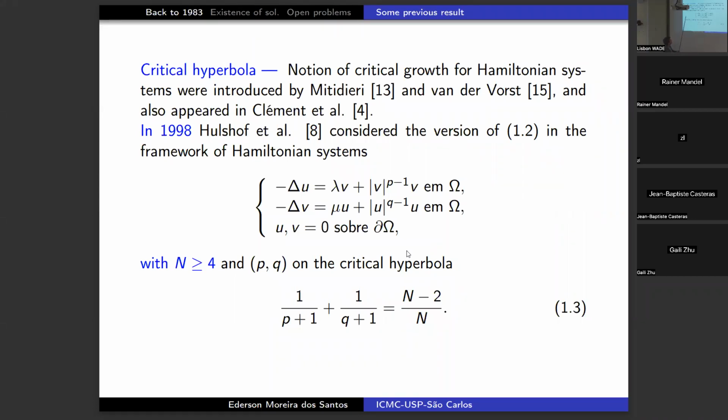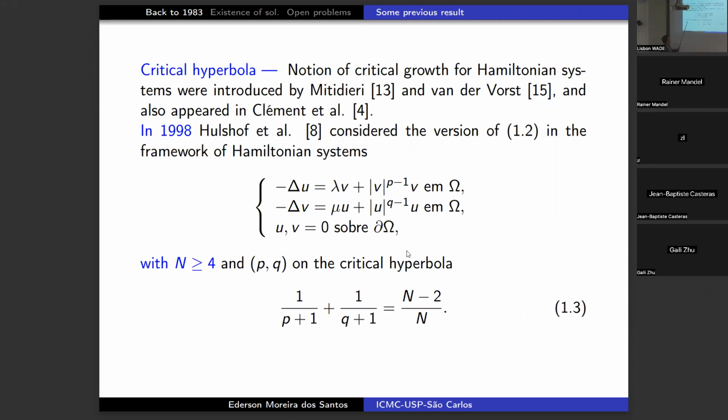In 1998, Hulshof, Mitidieri, and others considered the version of the linear perturbation of the Brezis-Nirenberg problem in the framework of Hamiltonian systems. So they investigated this system here.